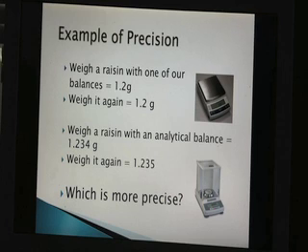Which balance has the greatest precision? And the answer is the analytical balance, because we are getting measurements all the way out to the thousandth decimal place. Now, precision comes at a cost. The analytical balance is a lot more expensive to buy than the other balance shown here.